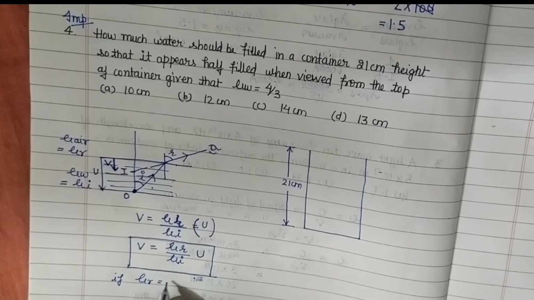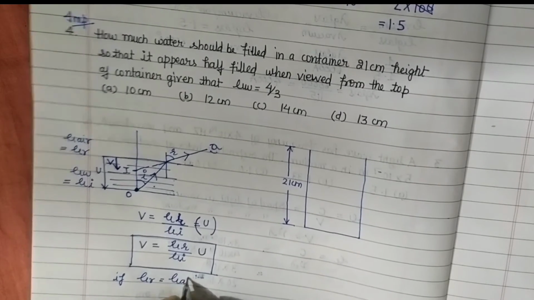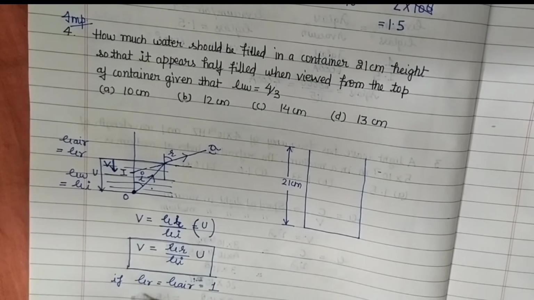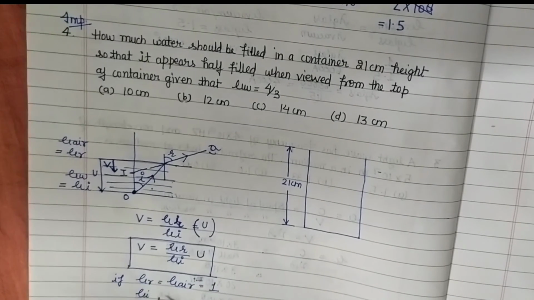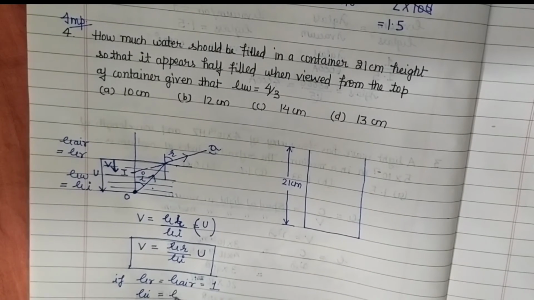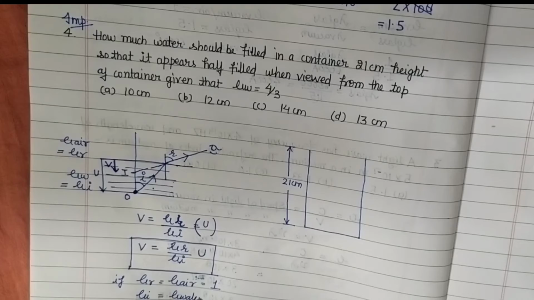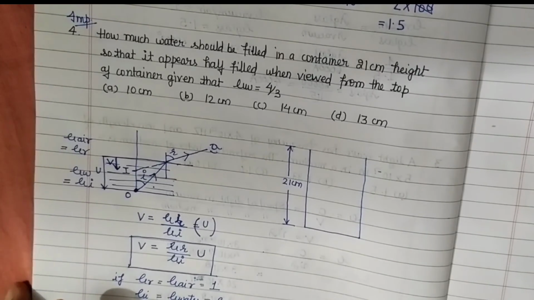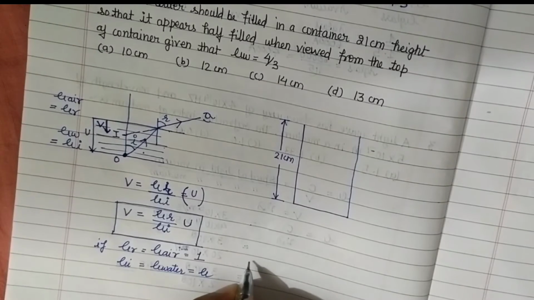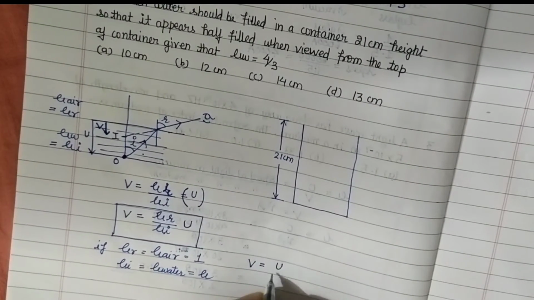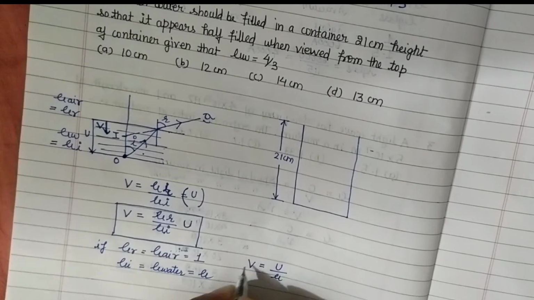So mu R will be equal to mu of air, which is 1, and mu I is the refractive index of the medium in which the incident ray is present, that is mu of water, and mu of water we can denote by mu. So this formula will become V equals U divided by mu.